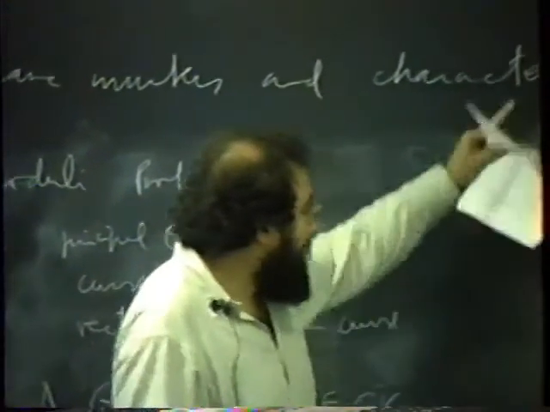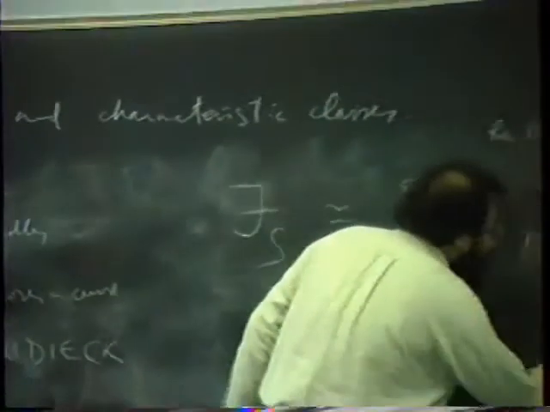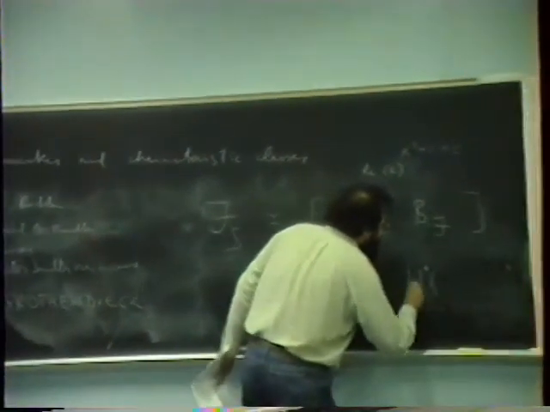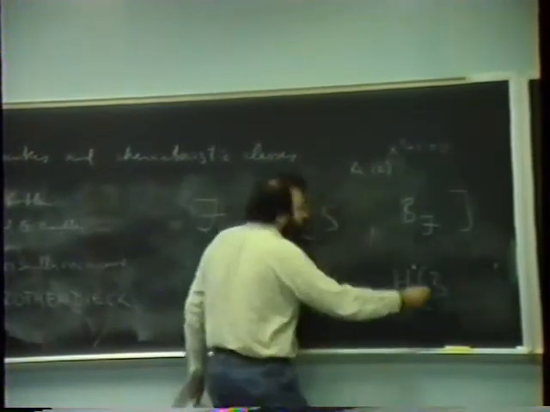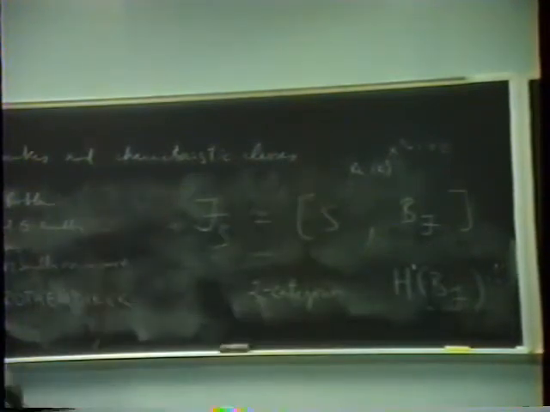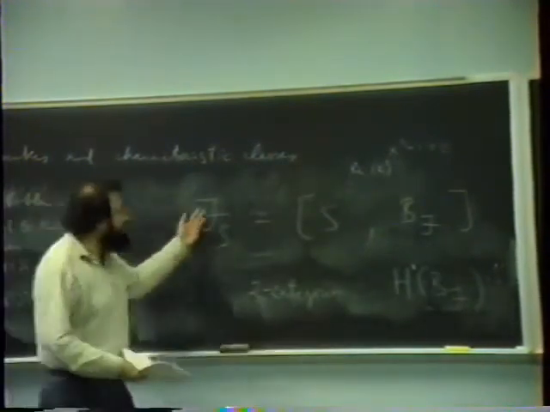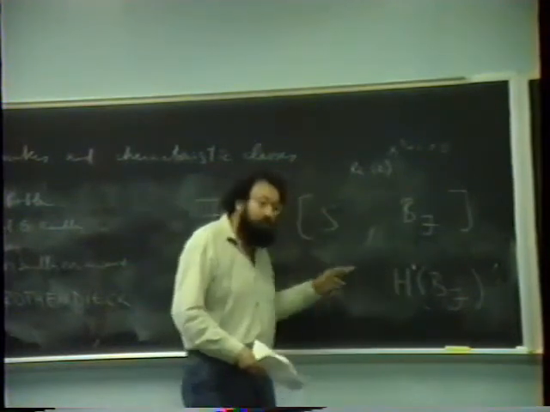The characteristic classes appear in this context in the sense that characteristic classes become elements of the cohomology ring, or any invariant that you may want to compute, of this universal object. And the reason is that when you have an object here, you're going to get some map from here to here, and therefore a mapping in cohomology.